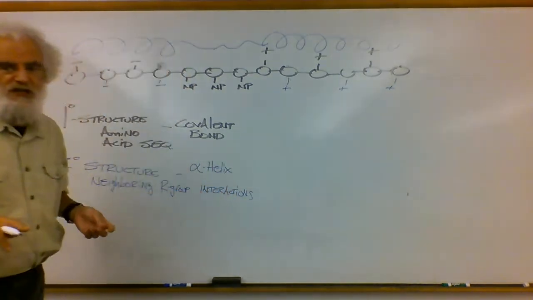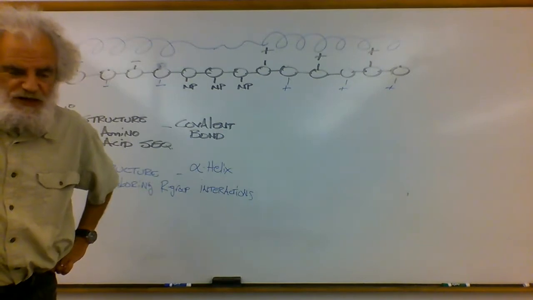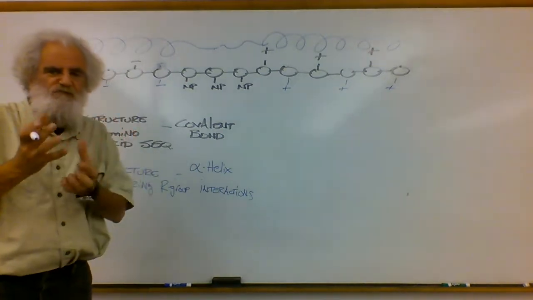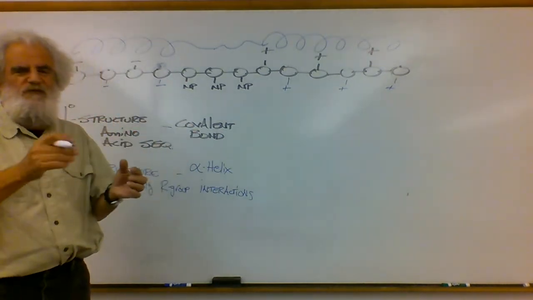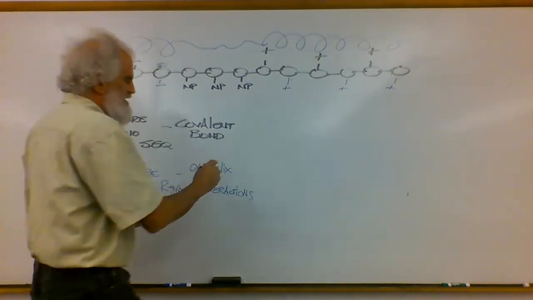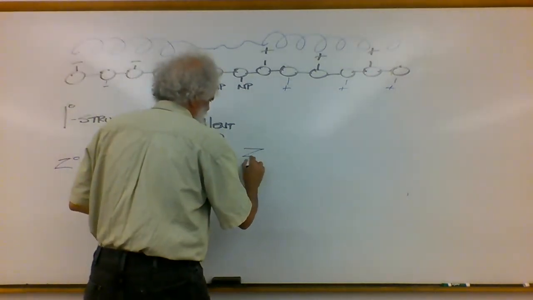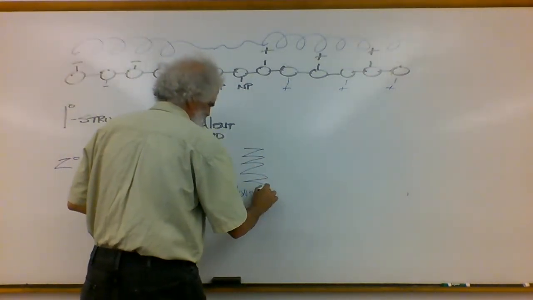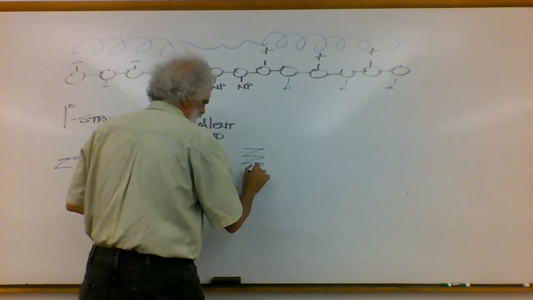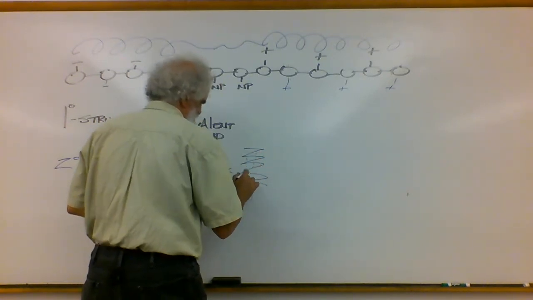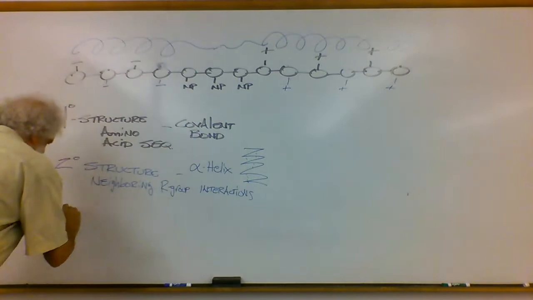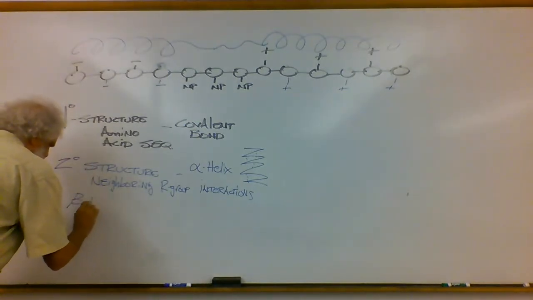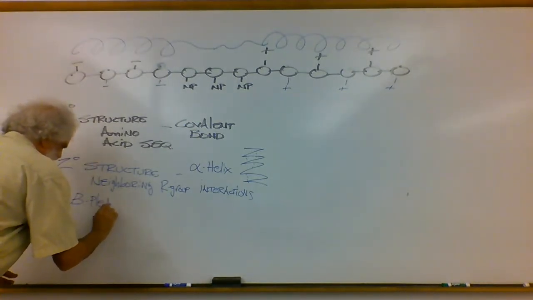Another thing you can find in proteins is that there'll be hydrogen bonding between like every 4th or 5th amino acid that creates a zigzag. And that is known as the beta pleated sheet.